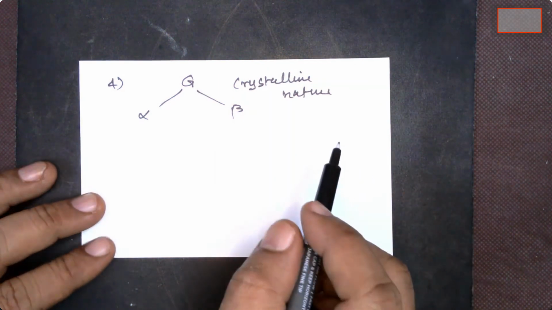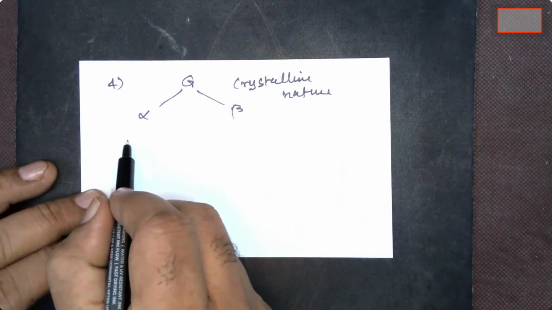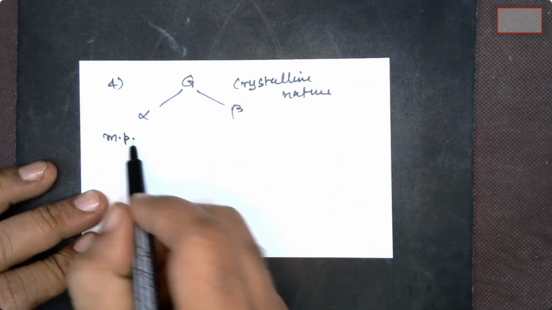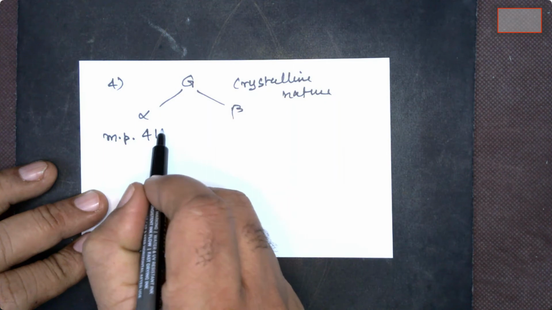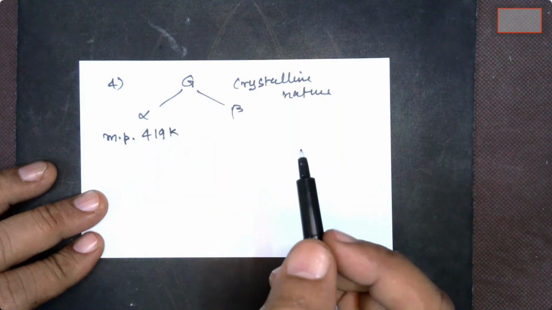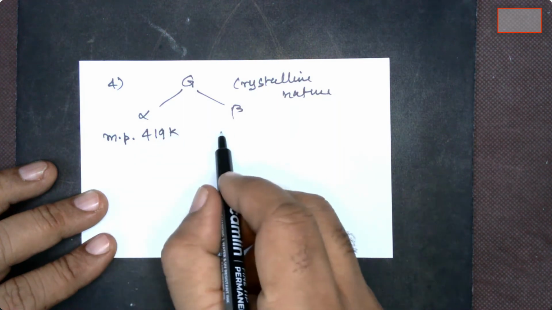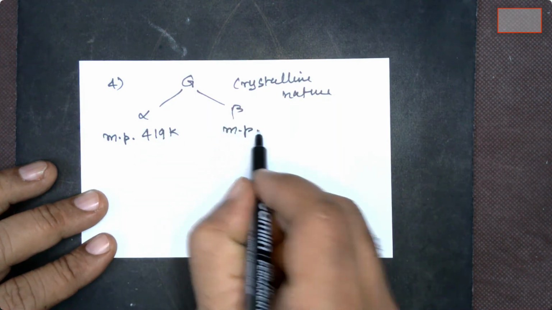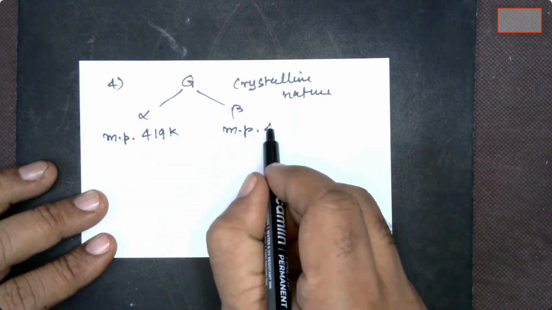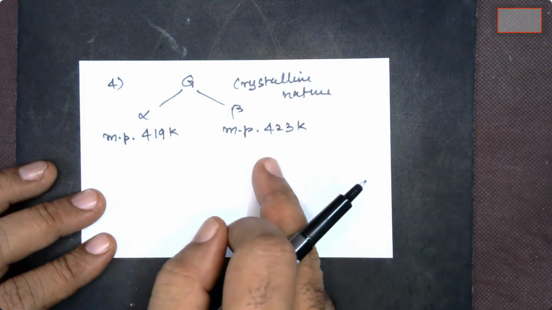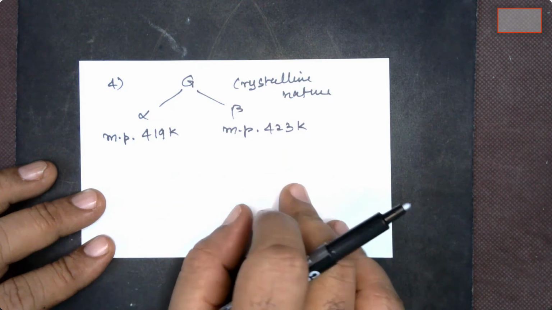The alpha form of crystal has the melting point 419 Kelvin, whereas the beta form has the melting point 423 Kelvin. So beta is higher melting than alpha.